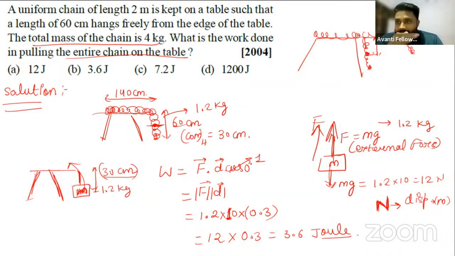That is why I have to consider this hanging chain a point mass, and this point mass lies exactly at the center of mass. So that is why I have assumed this as a block at a distance of 30 centimeter.